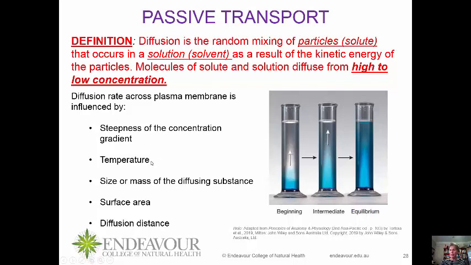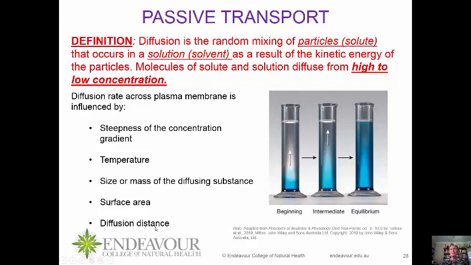Temperature, the higher the temperature, the faster the diffusion. Now, size or mass of the diffusing substance, the smaller the size or mass of the substance, the faster it will diffuse across. Surface area, if the cell has a larger surface area, particles or solute will diffuse across quicker because you've got a larger area for it to go through.